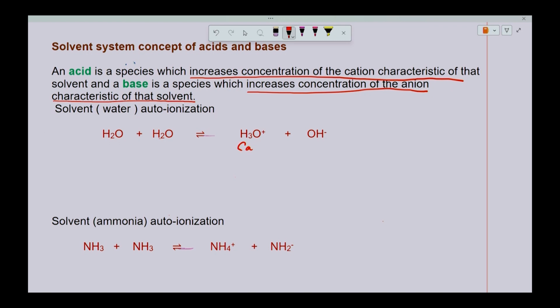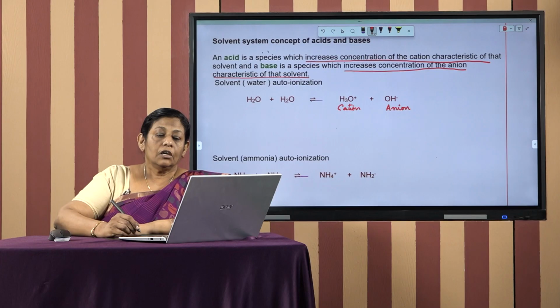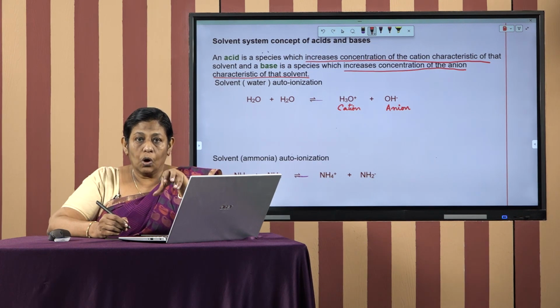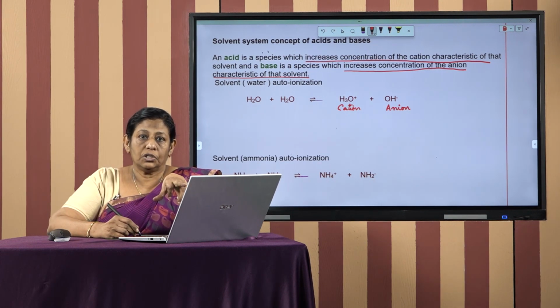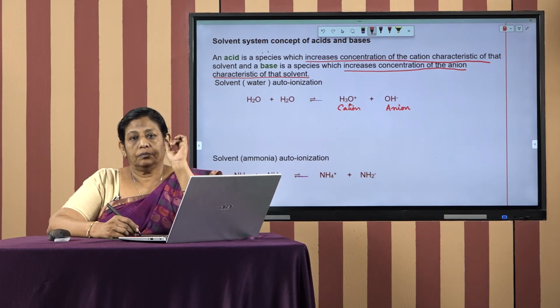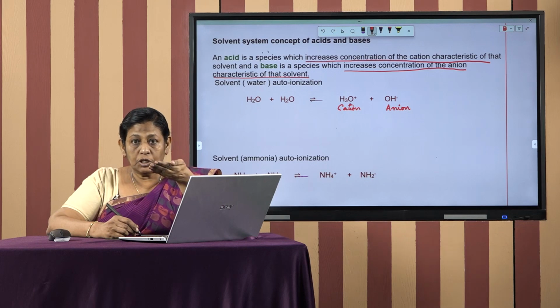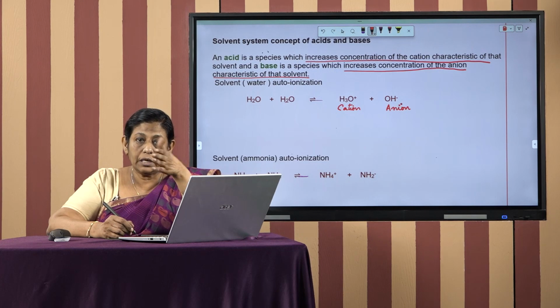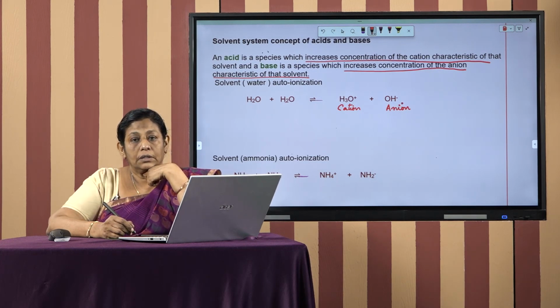That is a cation. And OH minus ion is the anion of the solvent. They are none other than the ions of the solvent itself. Now, if I add anything to water, and if the cation concentration keeps on increasing, it means that the substance which we added is an acid. And if I add any other substance, and if its anion concentration, that is the concentration of OH minus ions, is increasing, such substances are considered as a base.